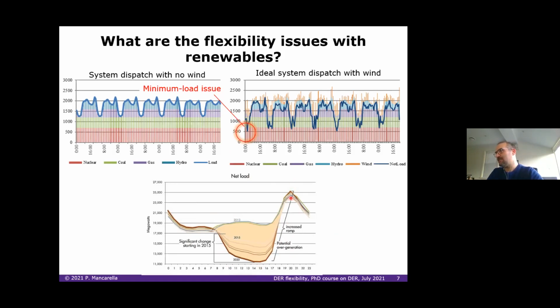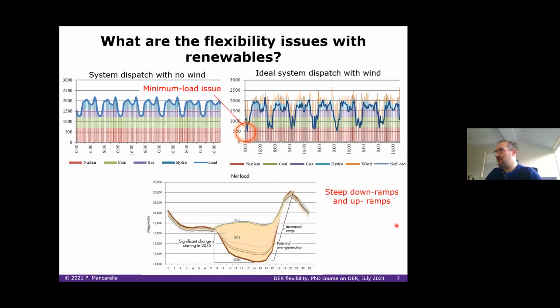However, then the system would need to go through a very steep ramp during the evening in order to cover the evening peak, especially if it's like a spring day in California, where the air conditioners are not on yet, so the peak is still in the evening, but at the same time there is lots of sun during the day, so you see this typical shape.